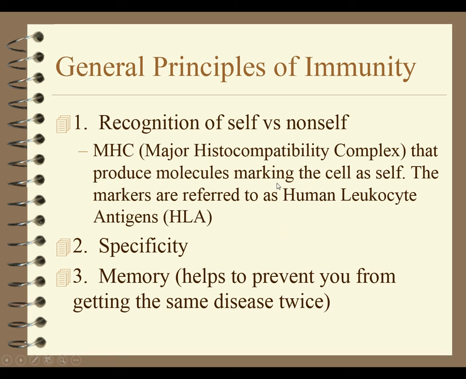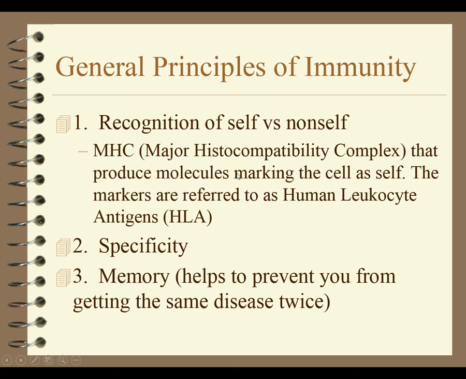So I've got a cell out here, and I've got little things around it called MHCs. Now, the markers that are on there are actually referred to as Human Leukocyte Antigens, or HLAs. So we know that the complex produces molecules marking a cell as self, and then it's actually called HLAs.